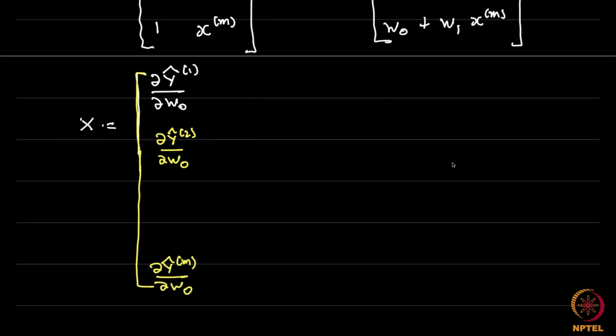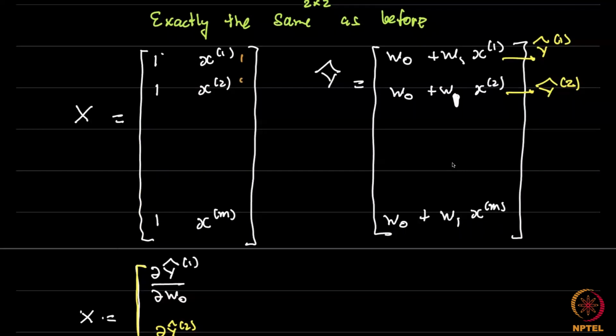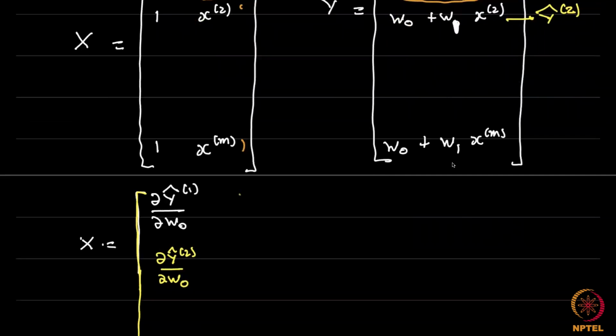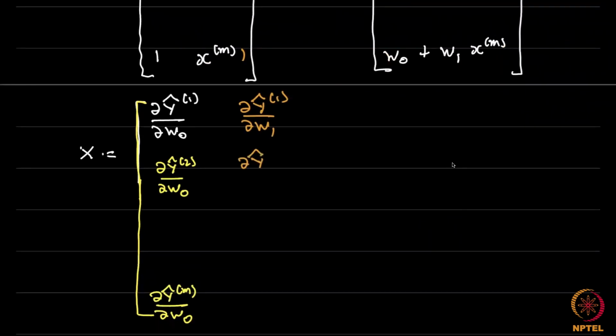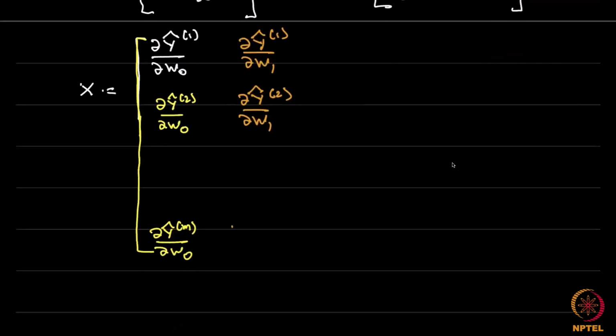The next column, you can now notice, is x1, which is nothing but the derivative of the first term with respect to w1. You notice the w1 coefficient is x1. So this is del y hat 1 with respect to del w1. Similarly, del y hat 2 with respect to del w1. And the last term is del y hat m with respect to del w1.